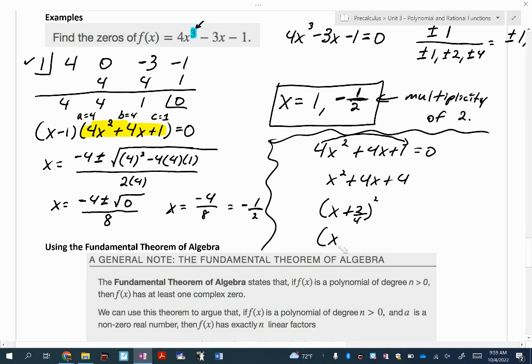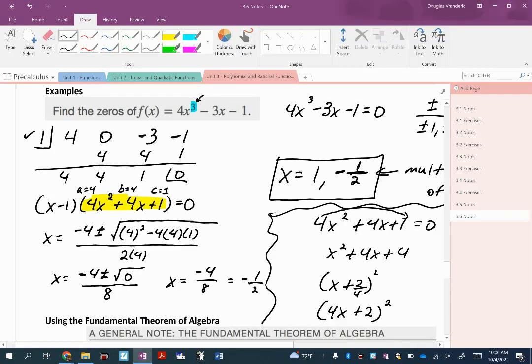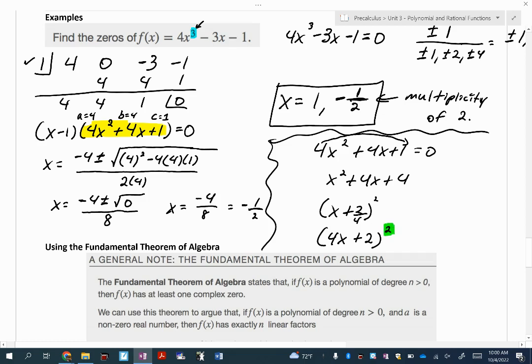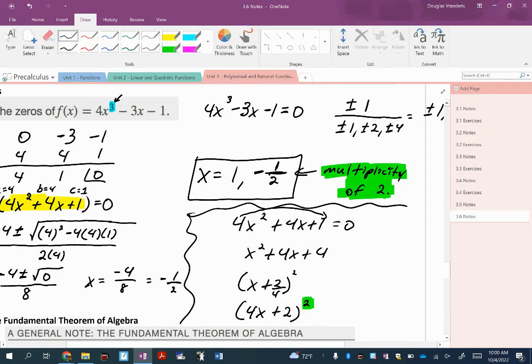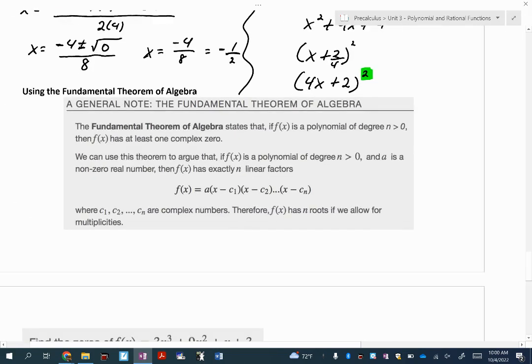So it's 4x plus 2 squared. If you solve that, you get x equals negative 1/2, and this square right here shows you that multiplicity of 2. So I apologize, I would actually not have done the quadratic formula in this one. All right, let's move forward.